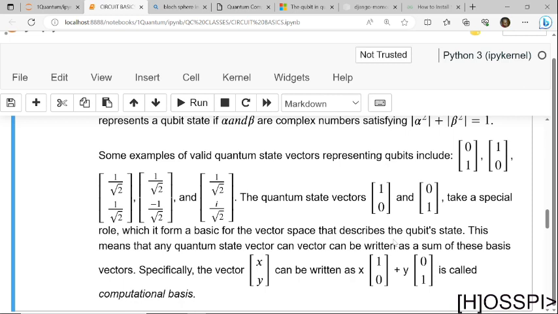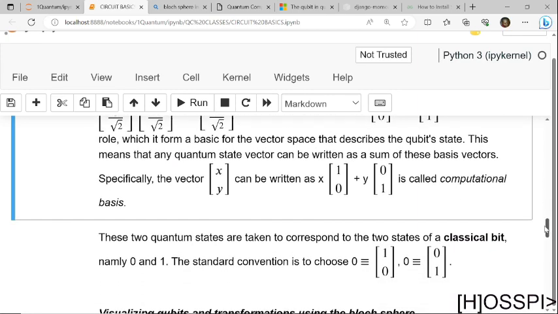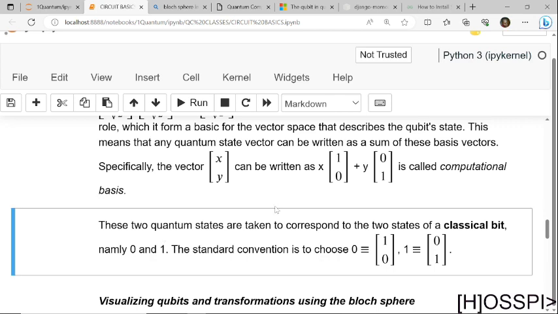This means that any qubit state can be written as a sum of their basis vectors. Specifically, the vector x, y can be written as x with a column vector of 1, 0 plus y with a column vector of 0, 1, and this is called a computational basis.